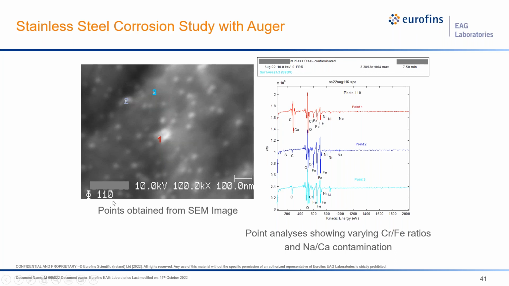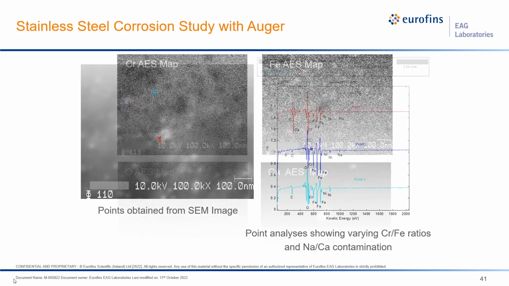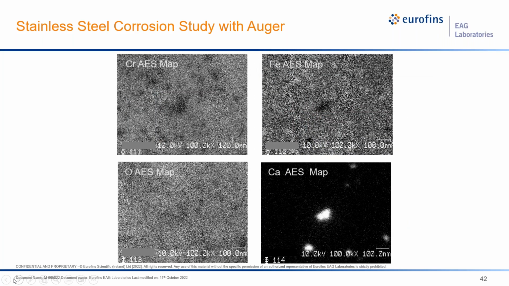This biggest particle here corresponds to calcium. So we know that calcium, as well as sodium, could be precursors of corrosion, and so these locations were specifically chosen as potential corrosion spots or future corrosion spots.